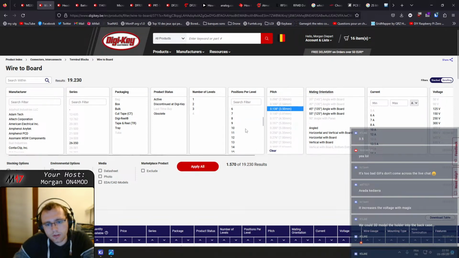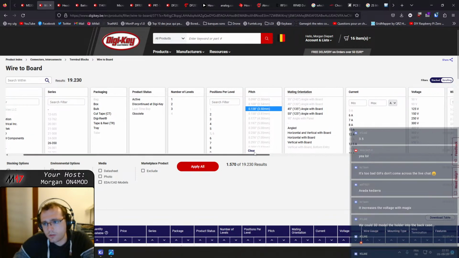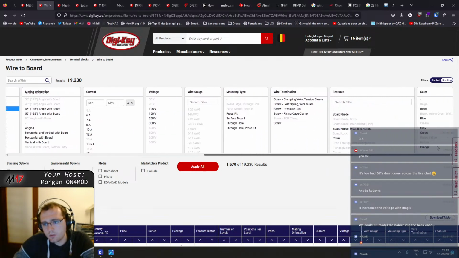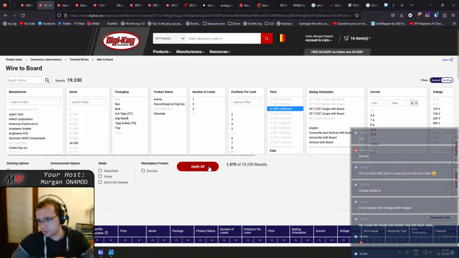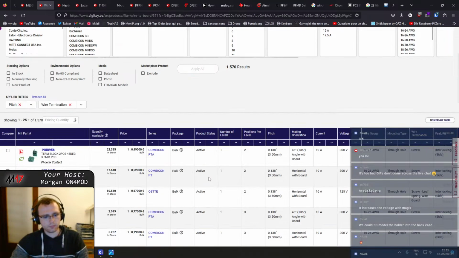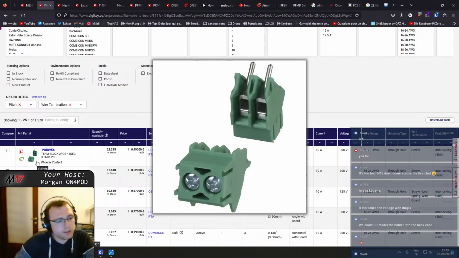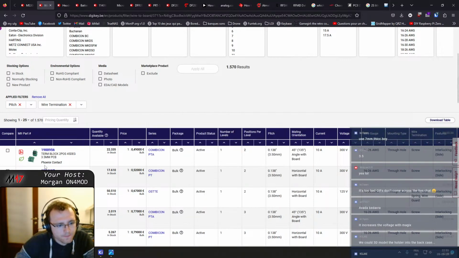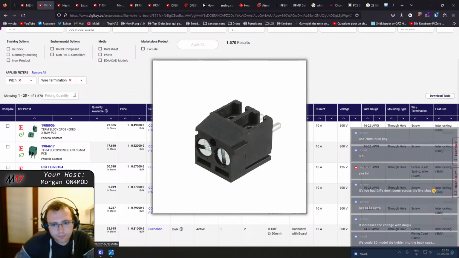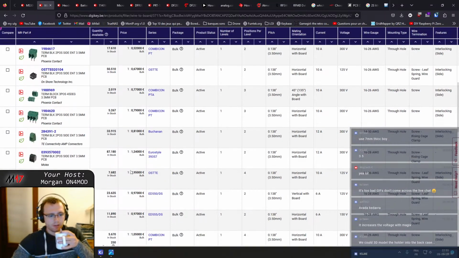Oh, it's a cute 45 degrees terminal block. 7mm thick boy.